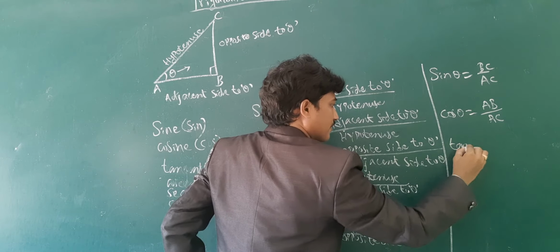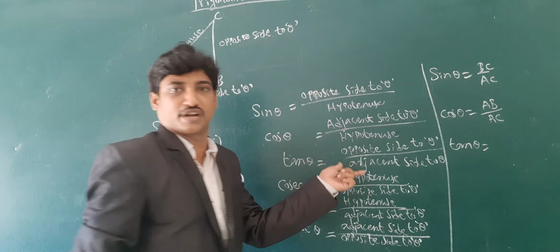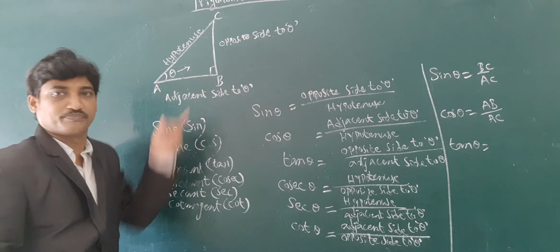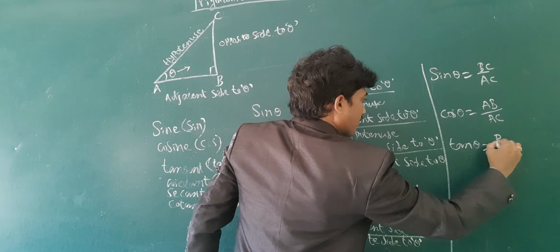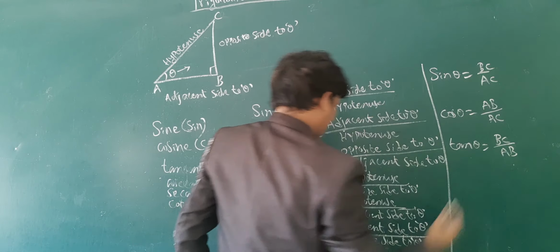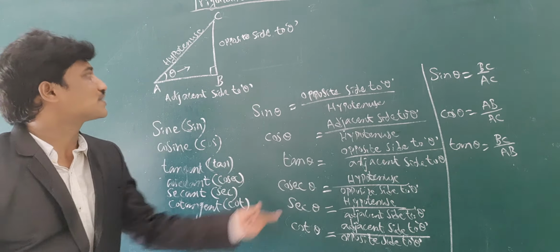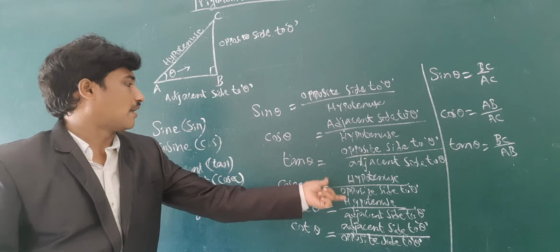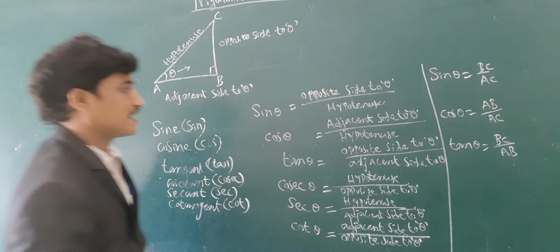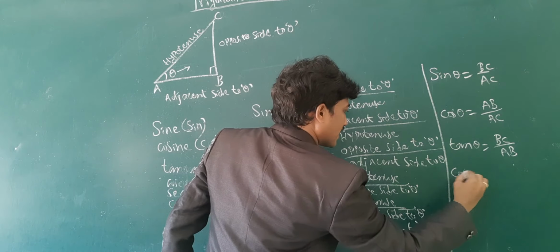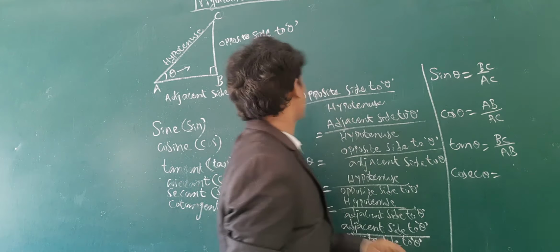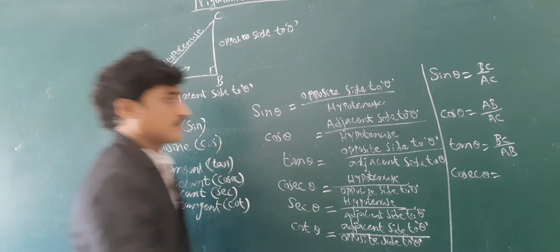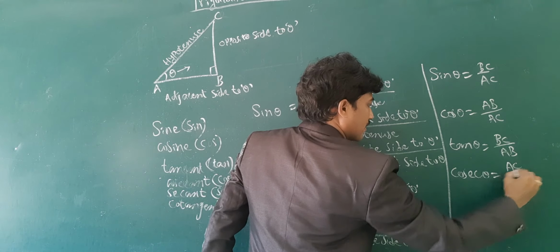Tan theta is opposite side to theta by adjacent side to theta, so BC by AB. Cosecant theta is hypotenuse by opposite side to theta, that is AC by BC.